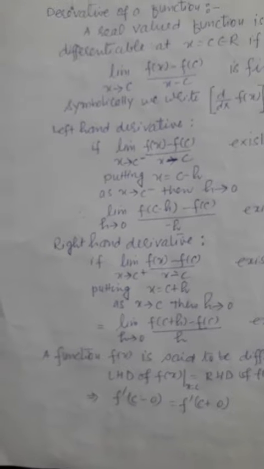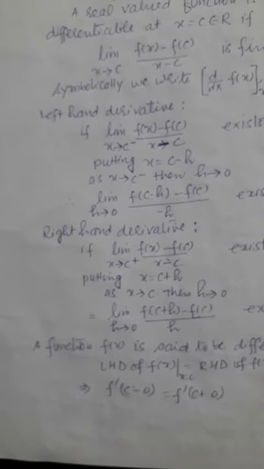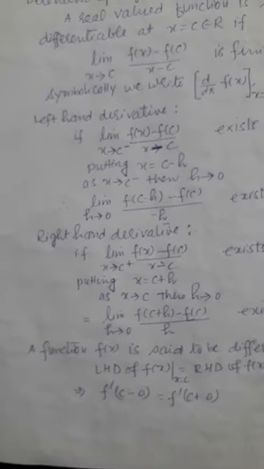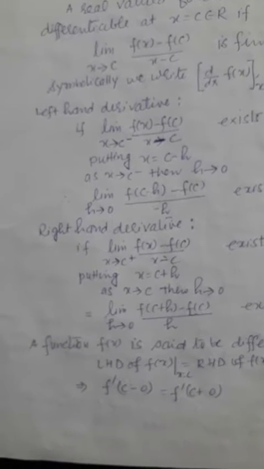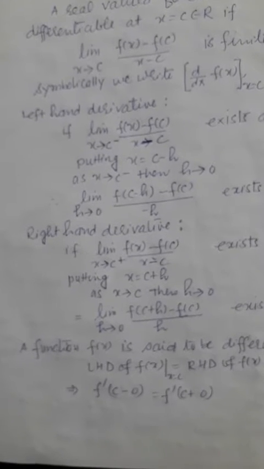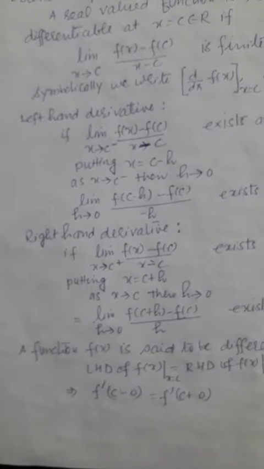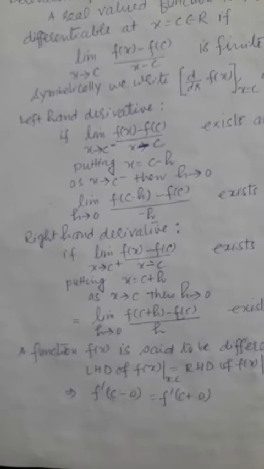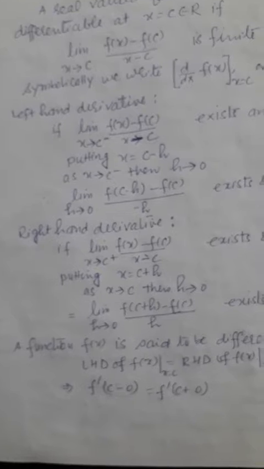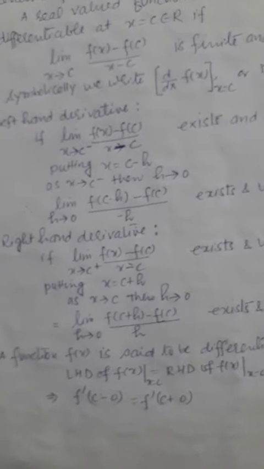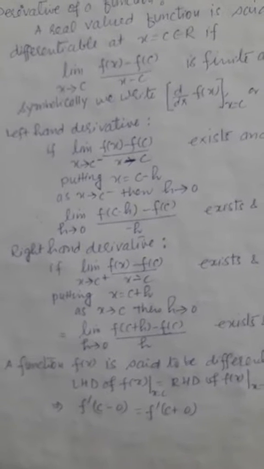Now we define two kinds of derivatives. Left hand derivative, shortly we write LHD. If the limit of f of x minus f of c upon x minus c as x tends to c minus 0 exists, how can we evaluate it?